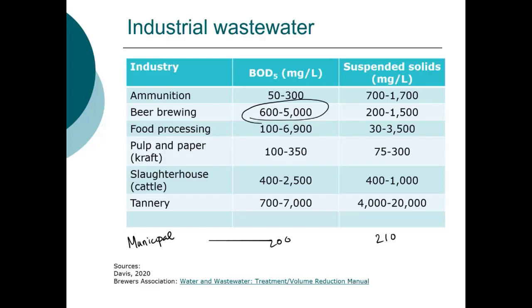And when they first opened, when you visited the plant, you could actually kind of smell the brewery wastewater at the treatment plant. So it kind of smelled like beer, stale beer at the treatment plant. So we need to think about what impact this will have on the treatment plant itself.